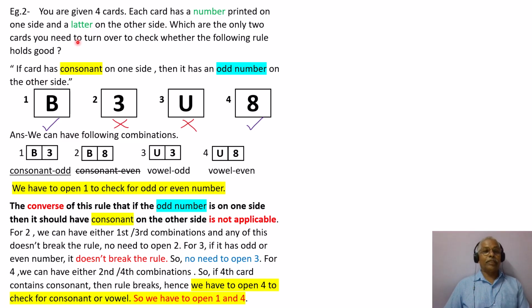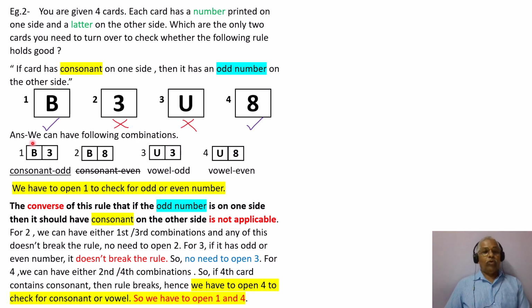Remember, letter means maybe consonant or vowel, and number means maybe even or odd. If card has consonant on one side, then it has odd number on the other side. That's the rule. So we will see the logic in answer part.